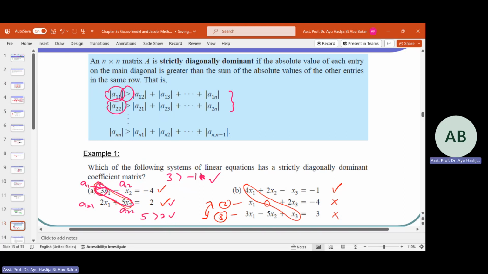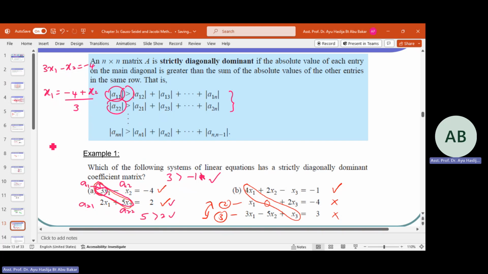Then you can proceed with your iteration using this arrangement. From these two equations, from equation 1 you must generate x1, so x1 is equal to minus 4 plus x2 over 3.